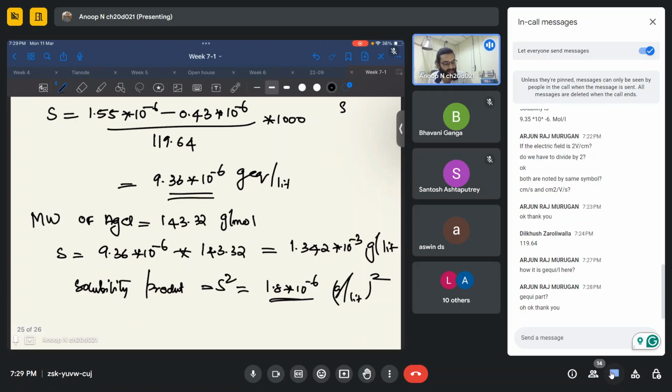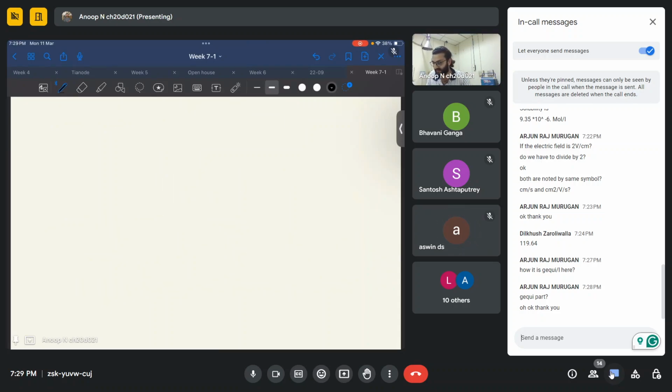Whenever we are writing, we'll write Siemens centimeter raised to minus 1 divided by Siemens. Gram per liter also we will write, so we can convert it easily. You can convert it, right?